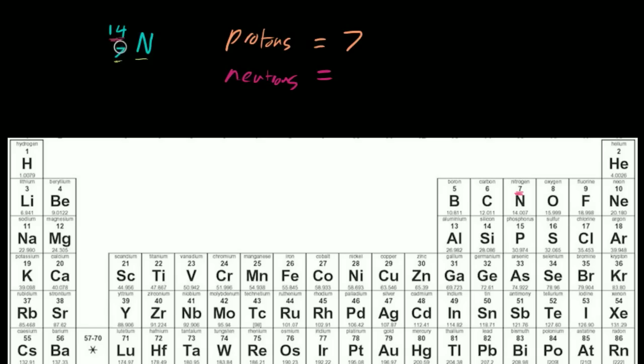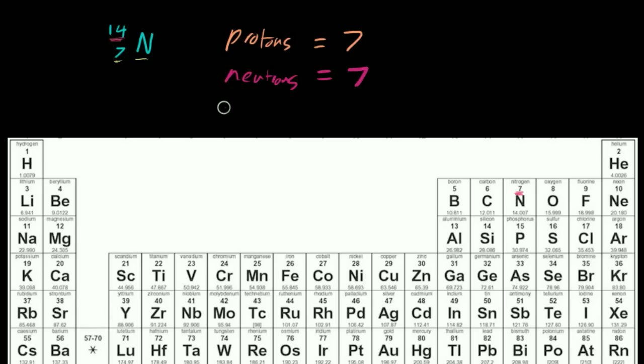This isotope is nitrogen 14, so our atomic mass is the number of protons plus the number of neutrons. What plus 7 is 14? Well, it's 7, because 7 times 2 is 14. So we also have 7 neutrons in this isotope.